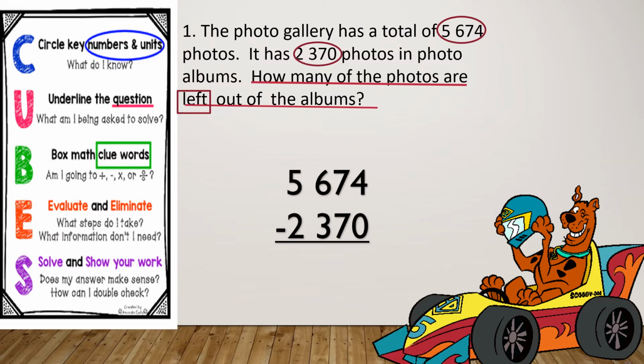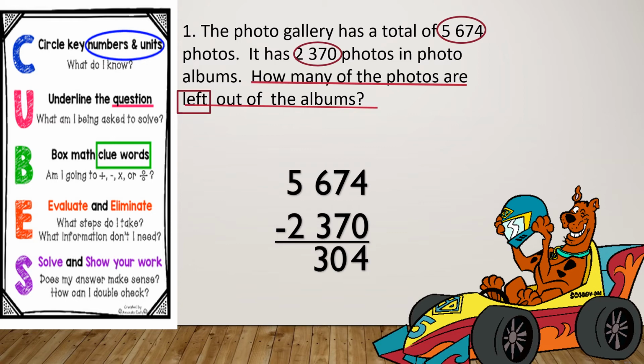5,674 take away 2,370. First, we will begin subtraction in the ones column. So 4 take away 0 gives us 4. Then we will move to the tens column. 7 take away 7 gives us 0. Then we will move to the hundreds column. 6 take away 3 gives us 3.